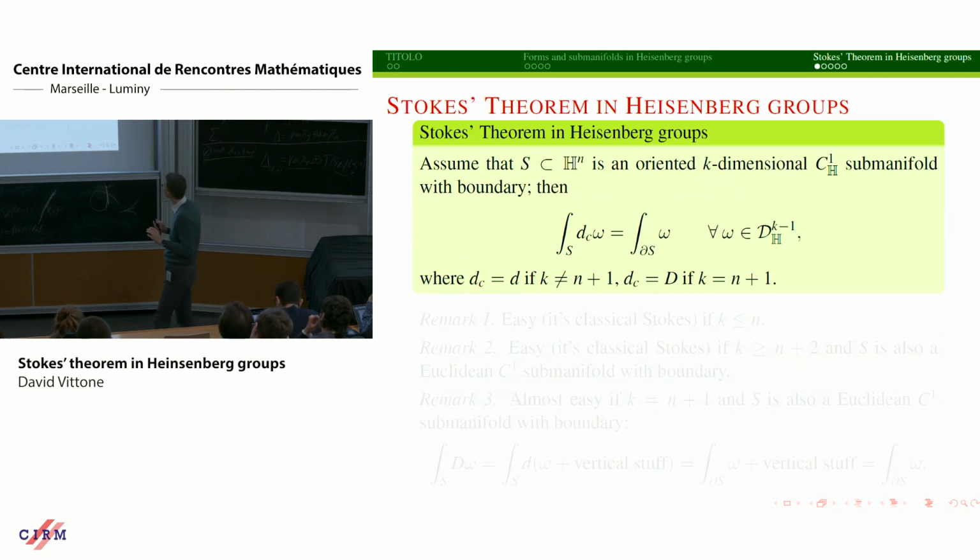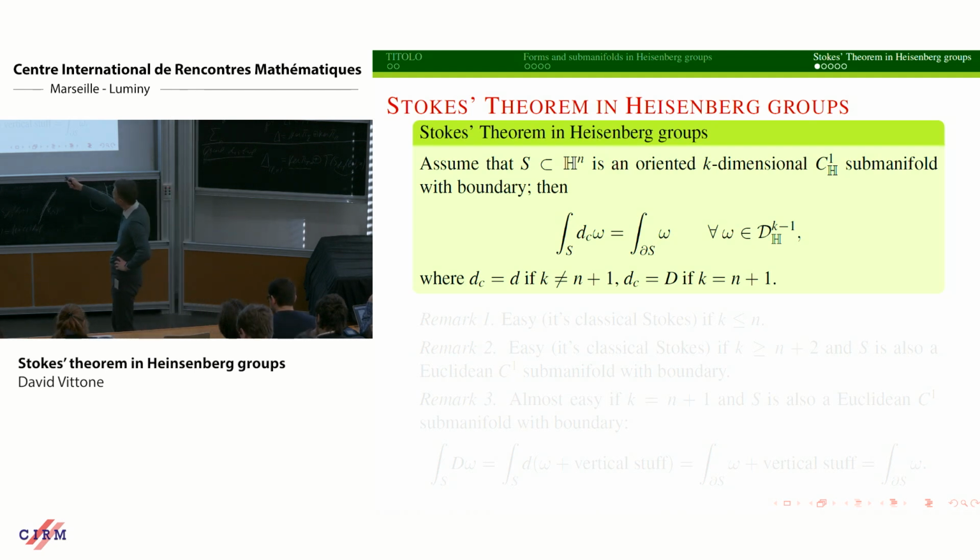Eventually, you can state a Stokes theorem in Heisenberg groups, and maybe I can give you some idea about the proof. What we were able to prove is that whenever we have an oriented k-dimensional submanifold with boundary S with intrinsic C1 regularity, then we have a Stokes formula.